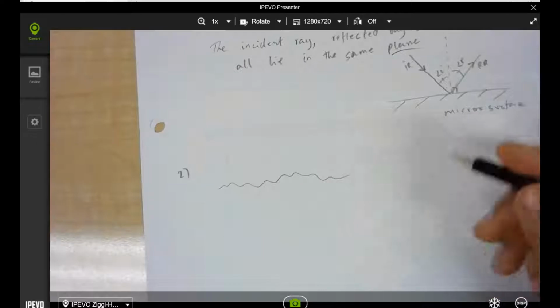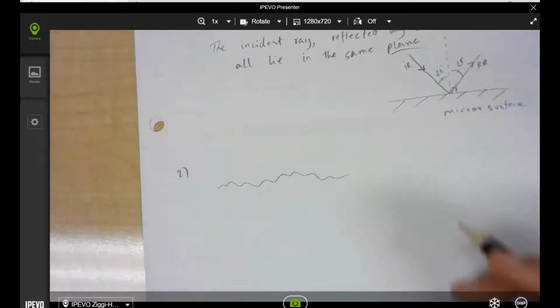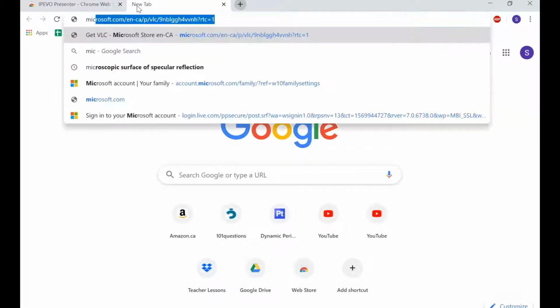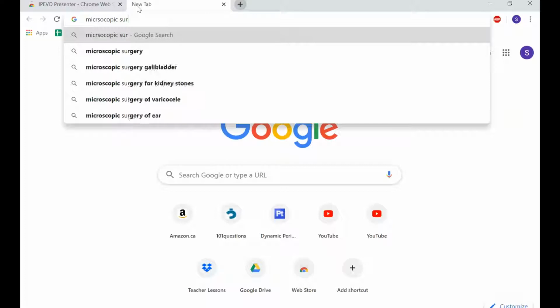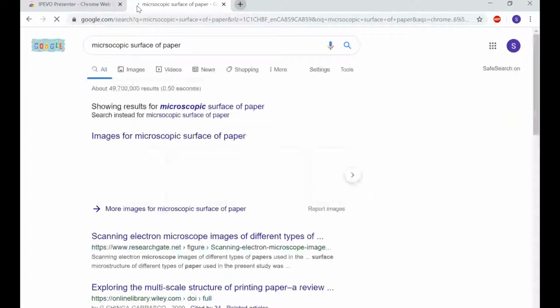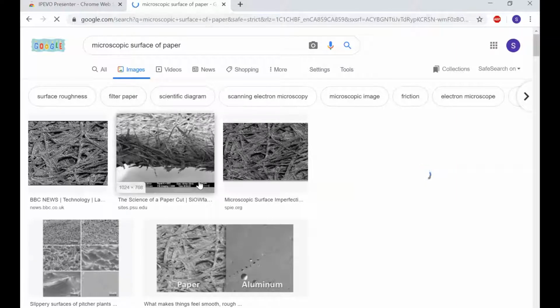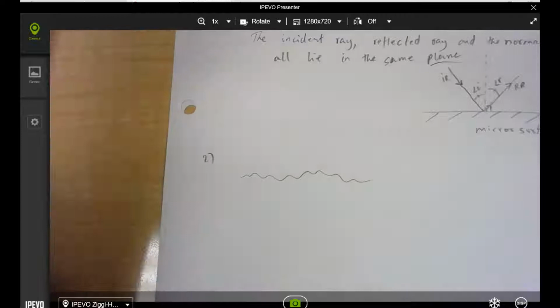The surface of paper is not perfectly smooth, even though it may appear smooth to us. I can quickly look up the microscopic surface of paper. Yeah, so you can see here that it's not very smooth. It's actually very bumpy and has all sorts of rough and uneven surfaces on it.